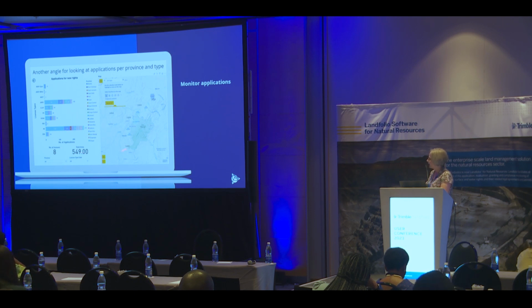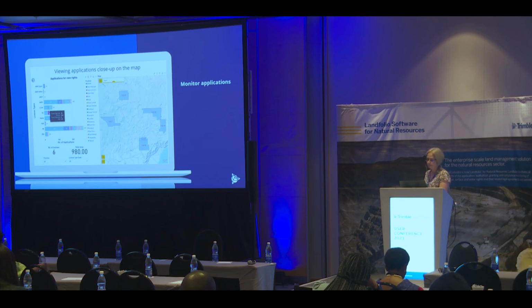So by just clicking there, I can filter through. And then another one just by clicking on that 6. And what I also wanted to show you here is, again, you can get a pop-up with some extra information about what you're looking at. And there we can clearly see those 6 applications on the map.